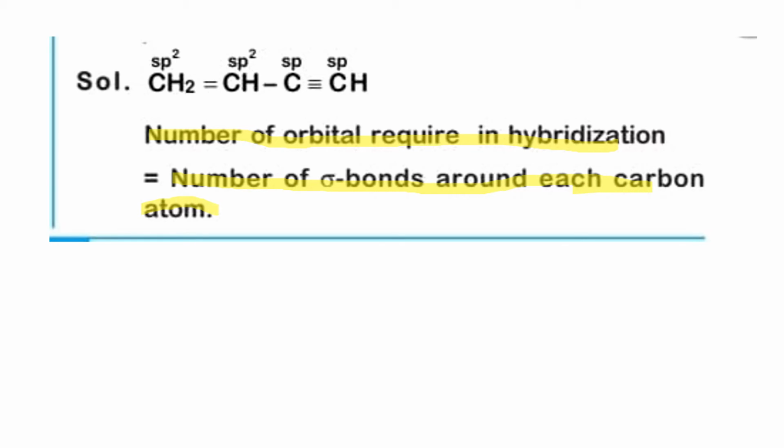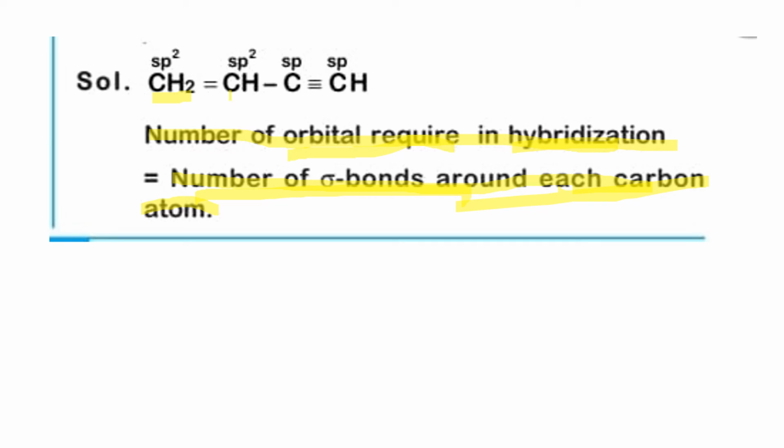So basically it says that the number of orbitals required in the hybridization should be equal to the number of sigma bonds in each carbon atom.